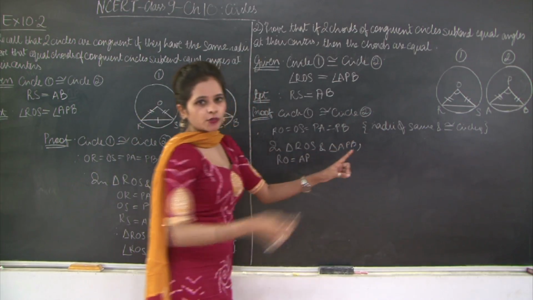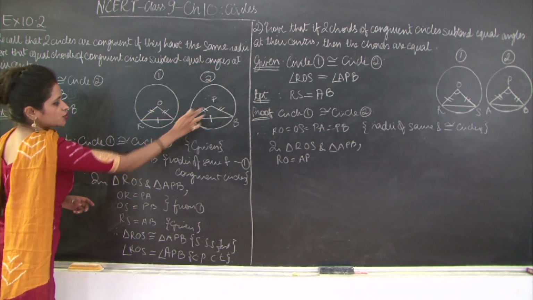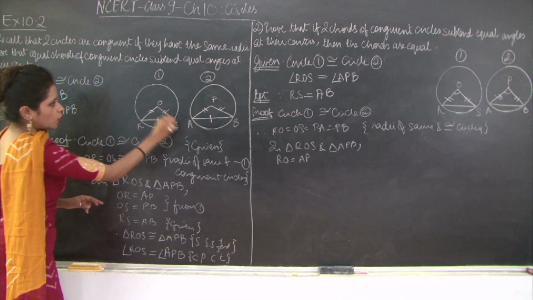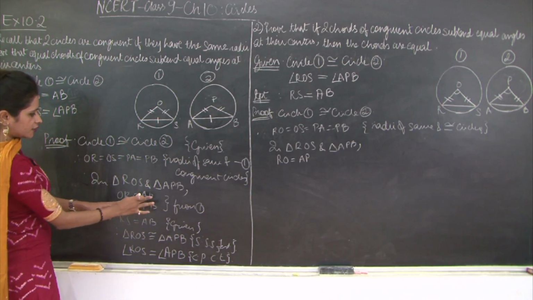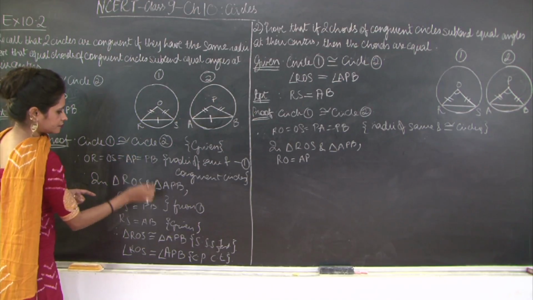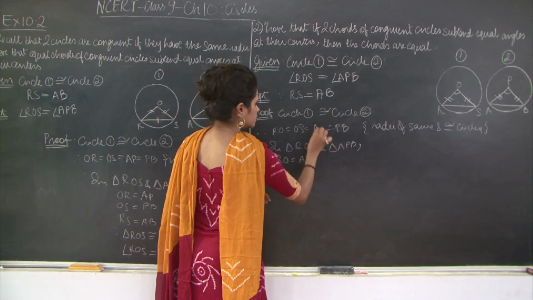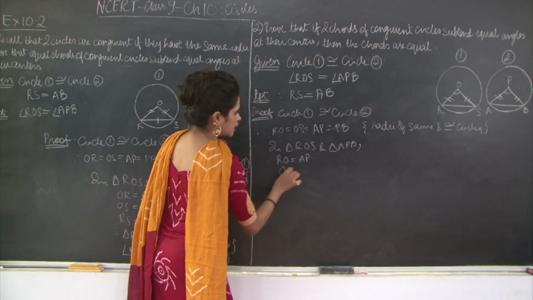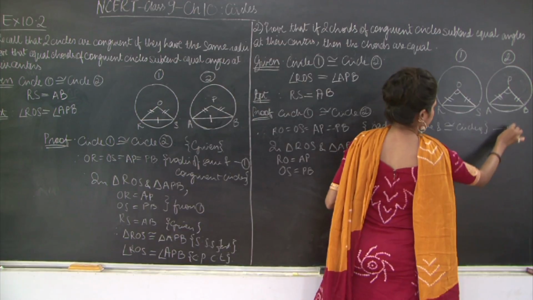So just for the correspondence purpose, even here I will make the changes. See, I am taking RO, so I should take AP. And I am taking OS, so I am going to take PB. So this is right, and RS is equal to AB. So instead of PA here, I am going to write AP. Fair enough? So making the changes here also. RO is equal to AP, then OS is equal to PB. I'll mark this as 1.